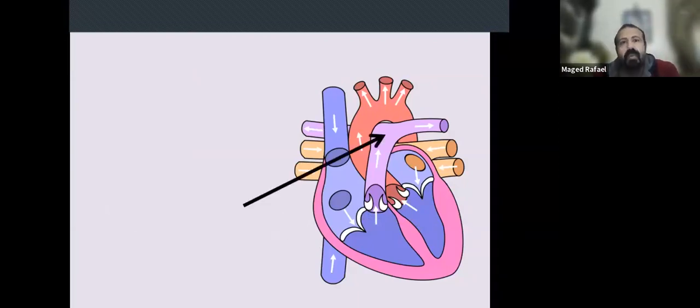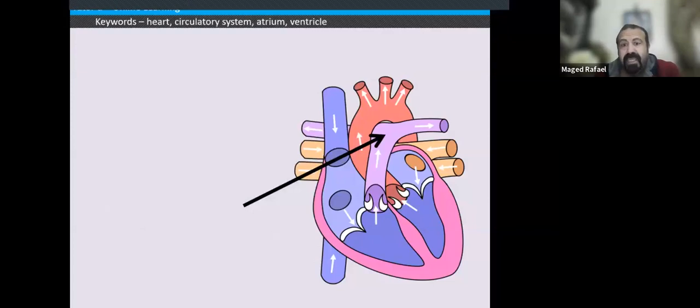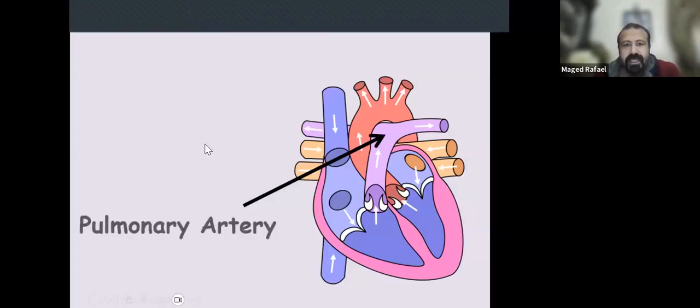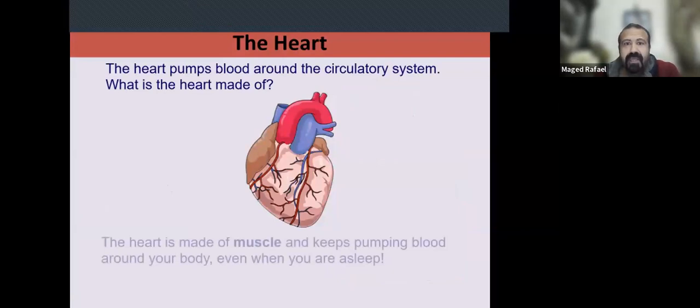And what about this one? This is the pulmonary artery. This one is the pulmonary artery. And this one finally is the right ventricle.